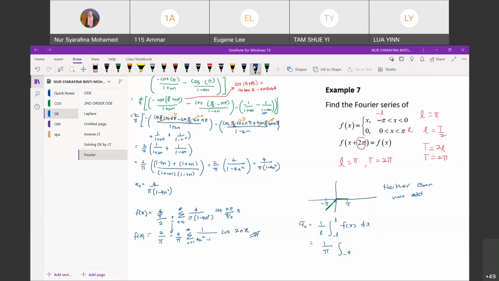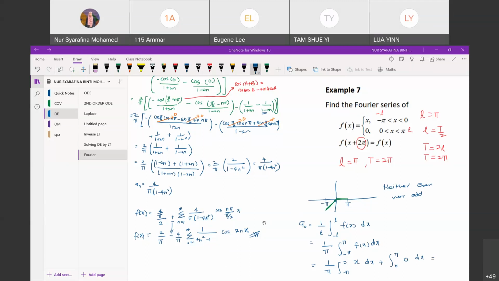You have to do it one by one, so you should start with minus pi to 0 first. But here from minus pi to pi, we have two functions. From minus pi to 0, fx is x, and from 0 to pi, fx is 0. So this is how you find A naught. Clear?